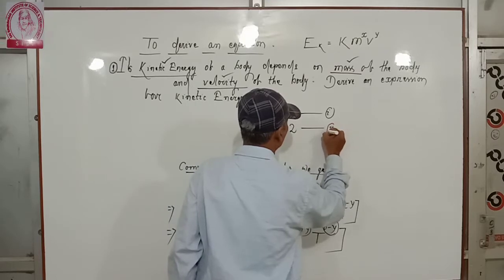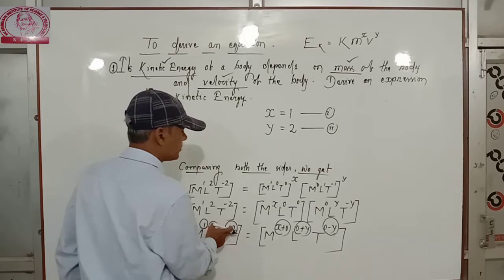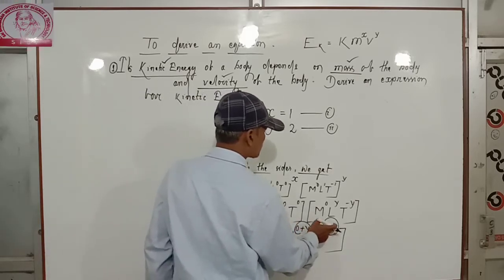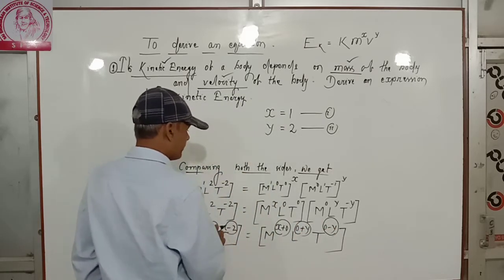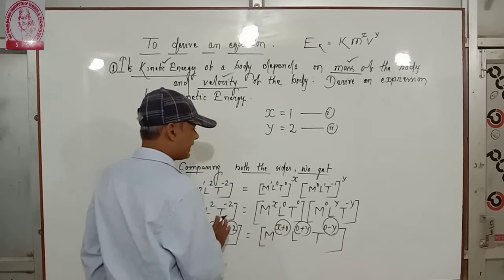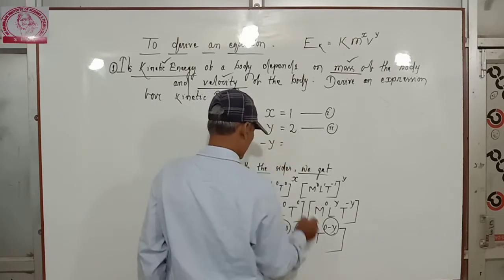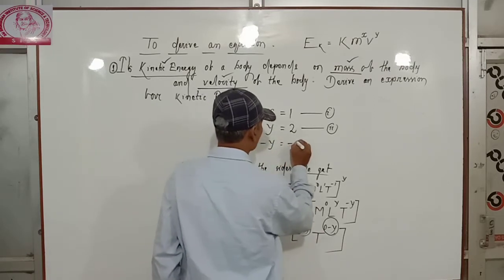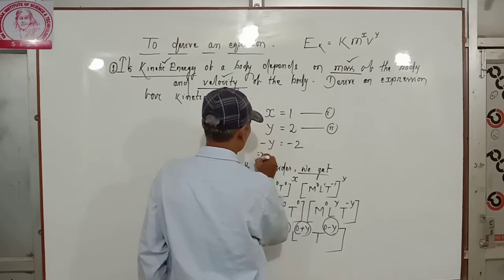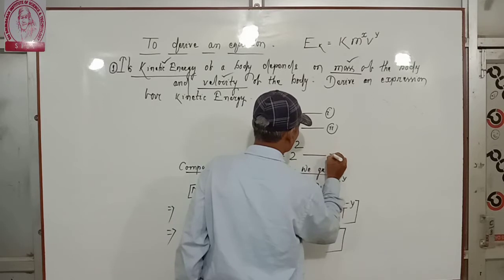Double line. Similarly, here t to the power minus 2, here it is written t to the power minus y. So comparing both the power of t, we get minus y is equal to minus 2, implies y is equal to 2. This is the third equation.